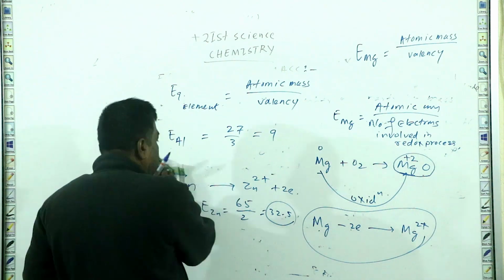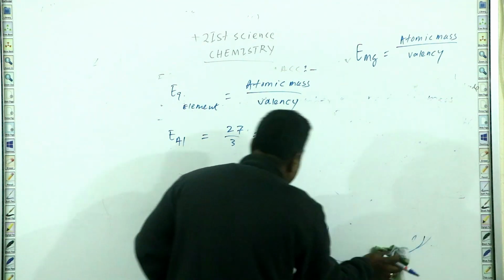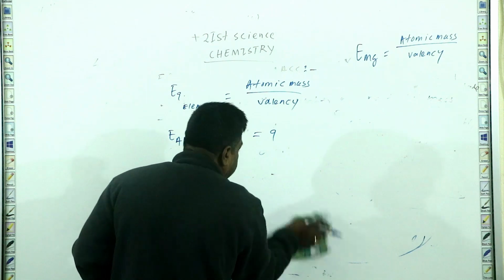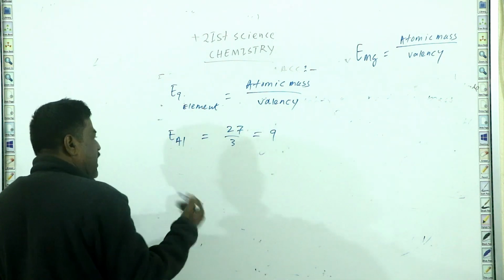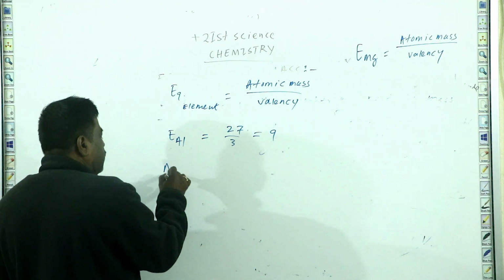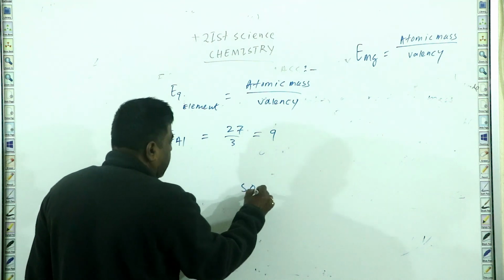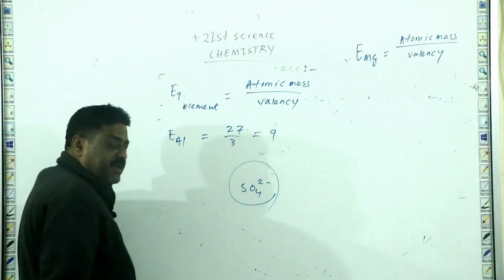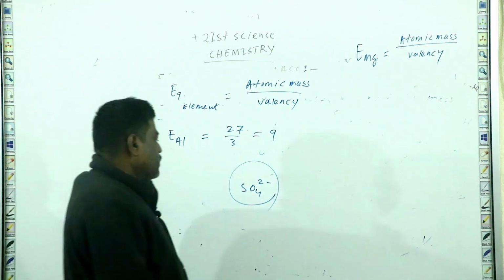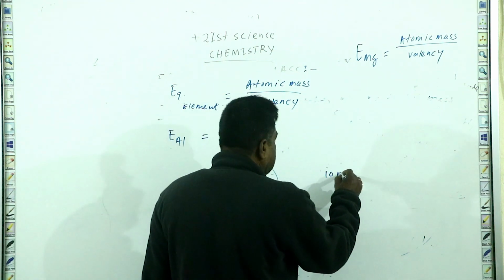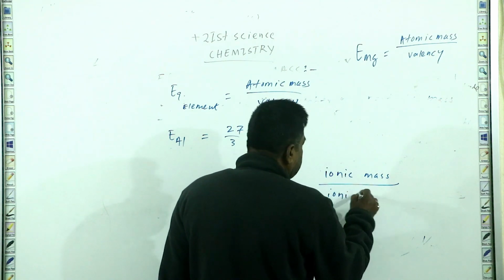Now I am talking about the equivalent mass of a compound or an ion. Let's say I am talking about sulfate ion. What is the equivalent mass of sulfate ion? It is the ionic mass by ionic charge.